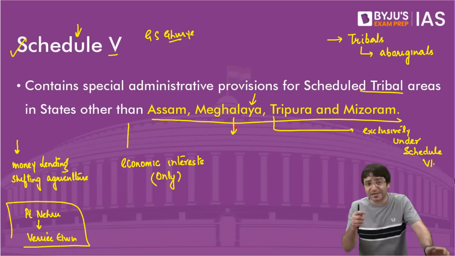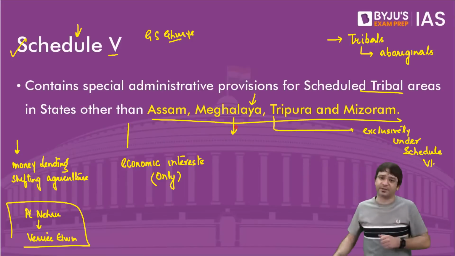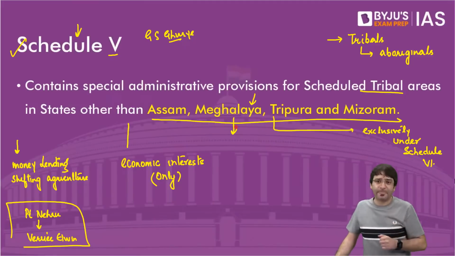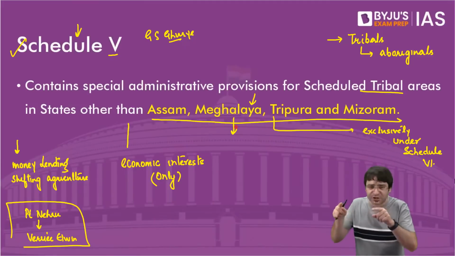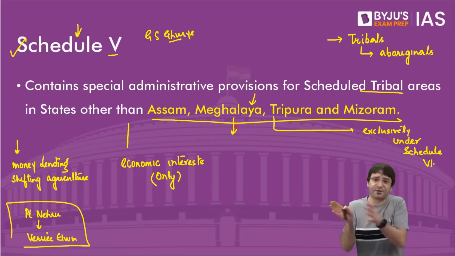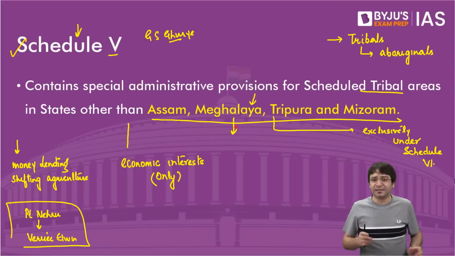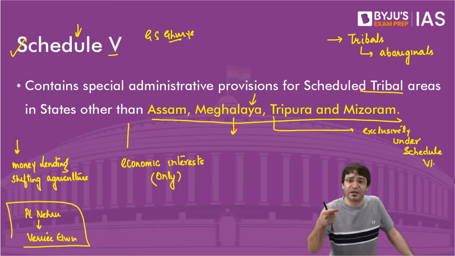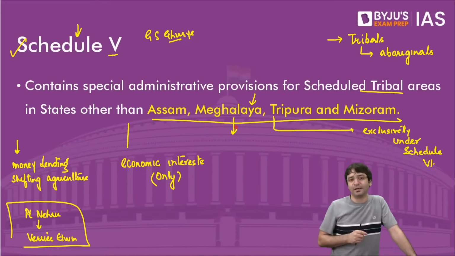But Garos and Khasis are unique and different from each other. Jaintias and Garos are different from each other. That means in these four states, tribals cannot be treated like a homogeneous group. One tribe is different from another tribe, unique. That is why we need to give them extra protection, extra protection under Schedule 6 of the Constitution.